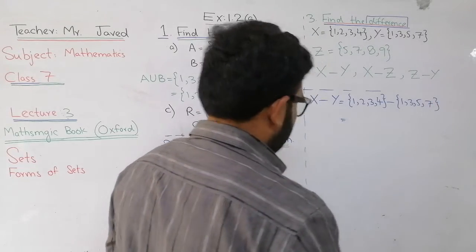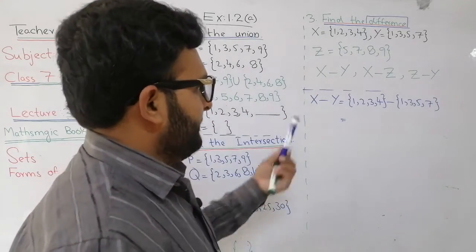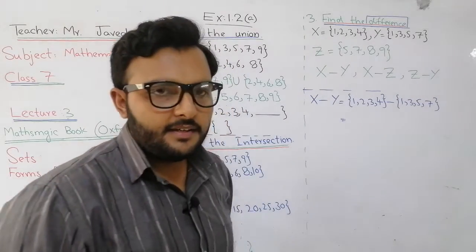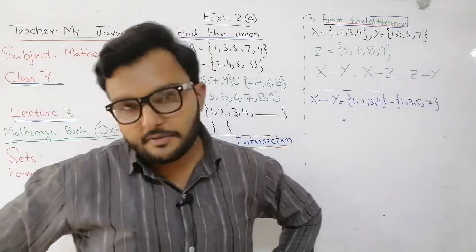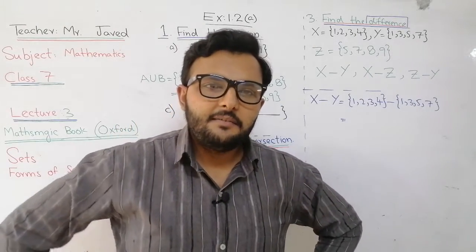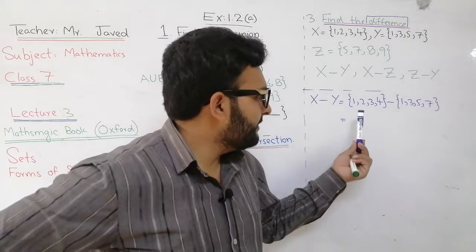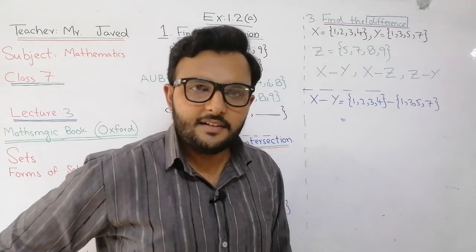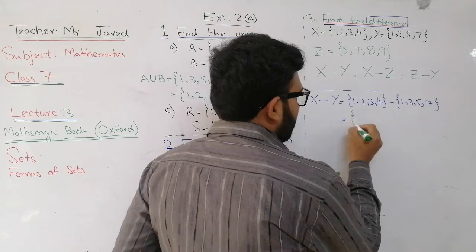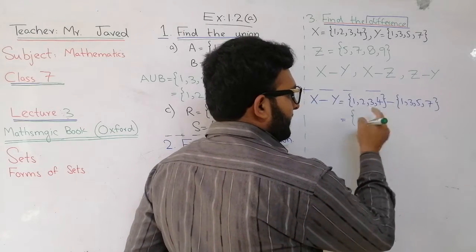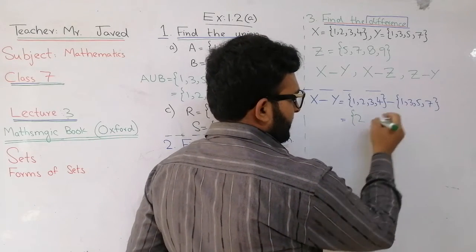Okay, we have to find the difference. I already told you about the difference. What you will do is write the first set's elements which are not present in the other set. Clear? Like this. 1, no, 1 is here, so it will be cancelled. 2, yes, 2 is not there.